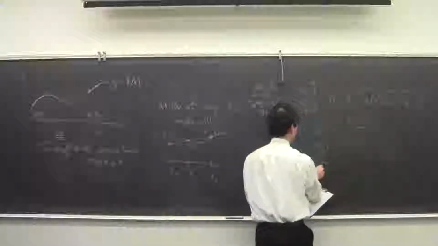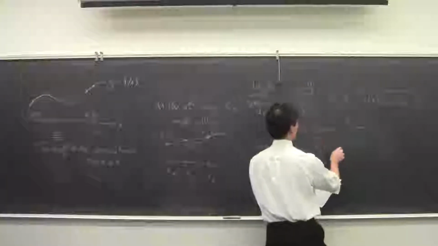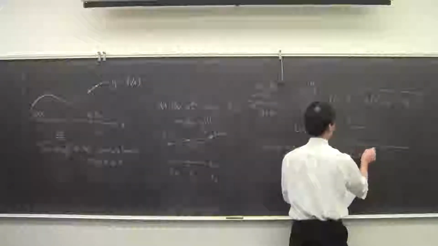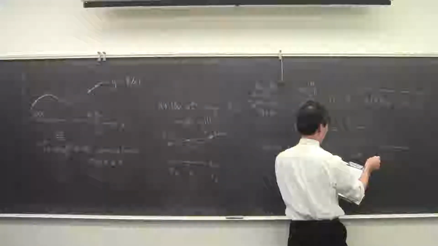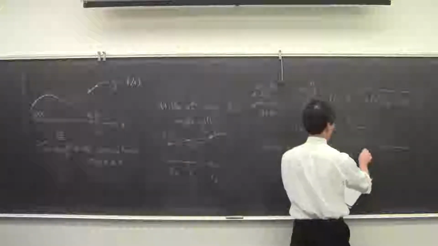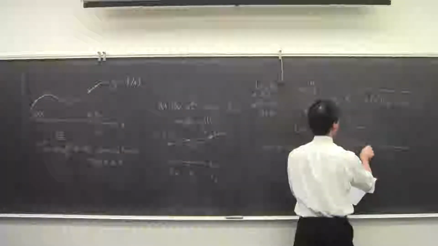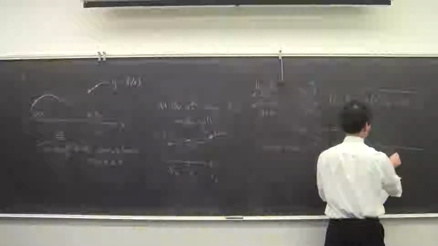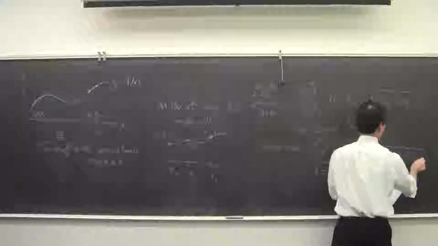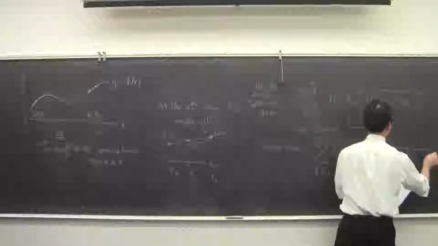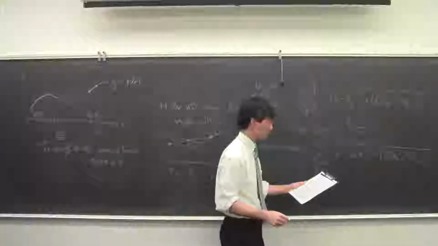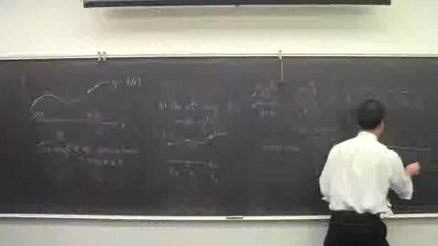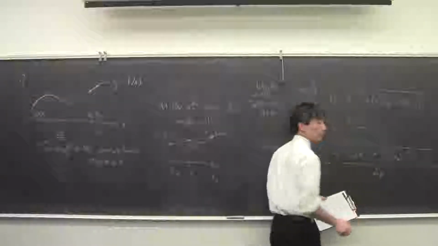I'll rewrite it like this: sum from k from 1 to n of the square root of delta x squared plus f of x k minus f of x k minus 1, quantity squared. Okay, I'm going to do something funny. I'm going to multiply by delta x and divide by delta x.